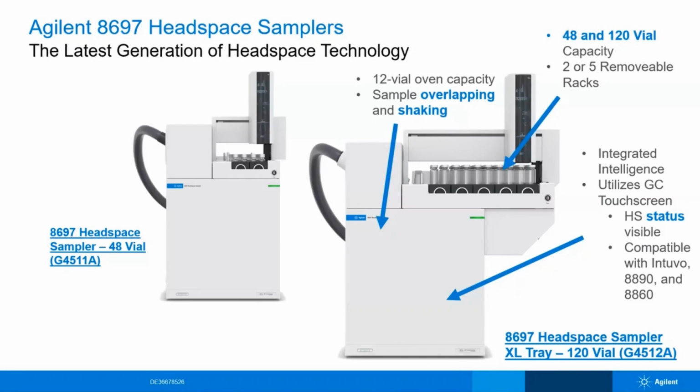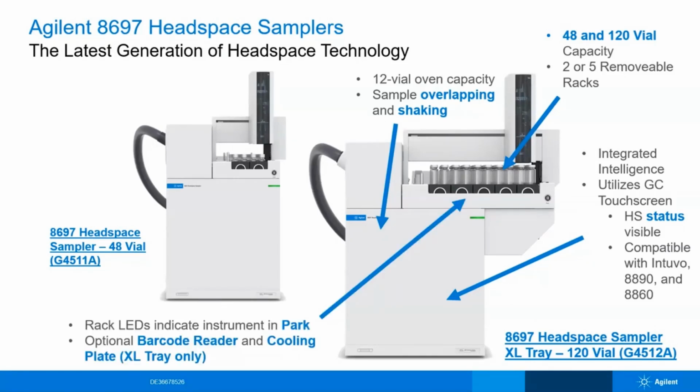You have integrated intelligence, which we'll get into in depth later, but that provides you with a wide range of method development options, as well as ways to improve your sample throughput and minimize the number of bad runs and downtime that you experience, even with operators who may not be experts in gas chromatography.